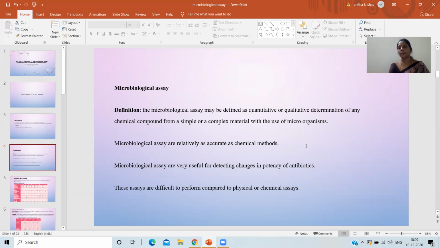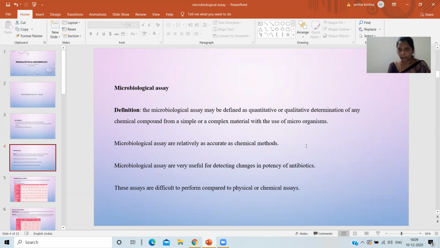Generally, assays are required for antimicrobial agents in order to find out their potency, their pharmacokinetics, and also to monitor and control therapy, like clinical therapy.